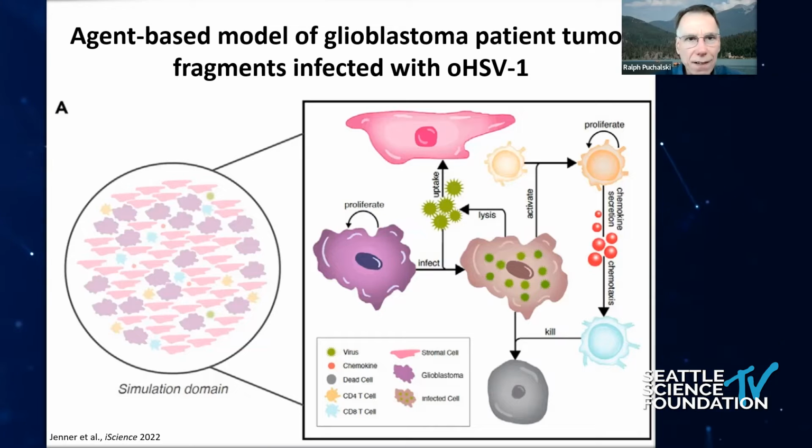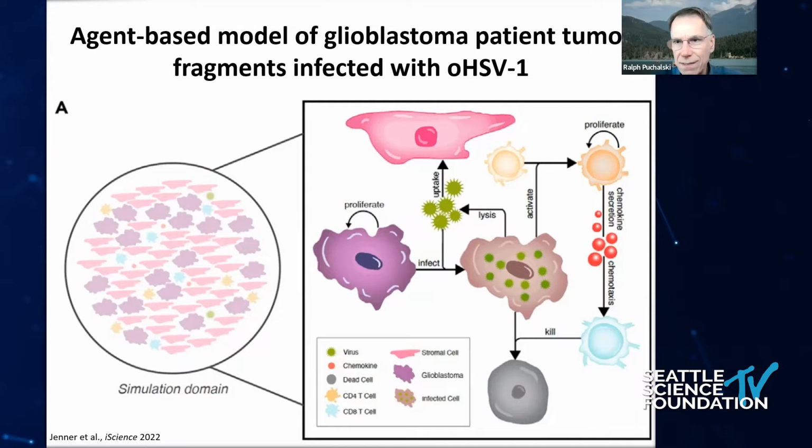So in this process, the virus would be taken up by either the glioblastoma cell or by the stromal cell, the pink cell, and the stromal cell acted as a sink where viral replication did not occur. But in the glioblastoma cells, there was proliferation and lysis and the release of more virion particles.